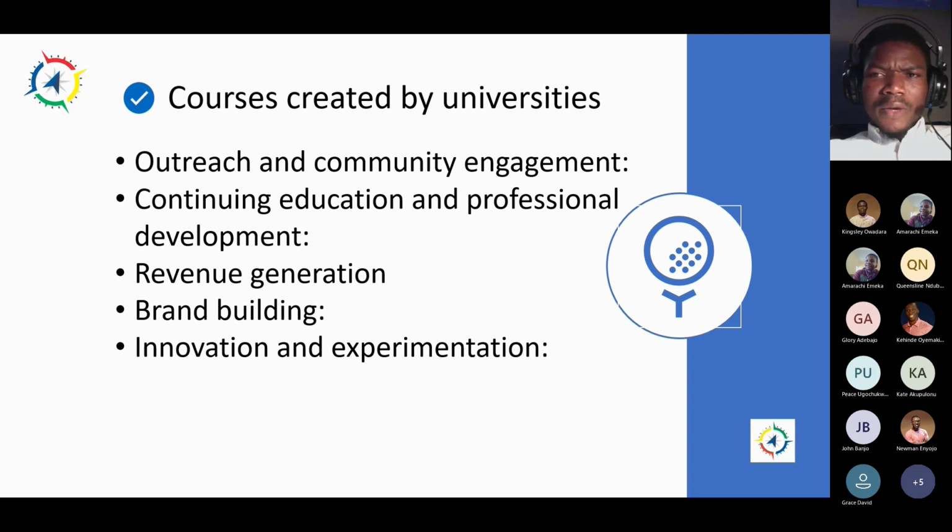If you go to the university website, you check the tab usually at the footer. When I mean footer, I hope I'll be able to share my browser and show you what I mean. If you check the footer, you will see where the university puts courses on their website, and with that you are able to access those courses.